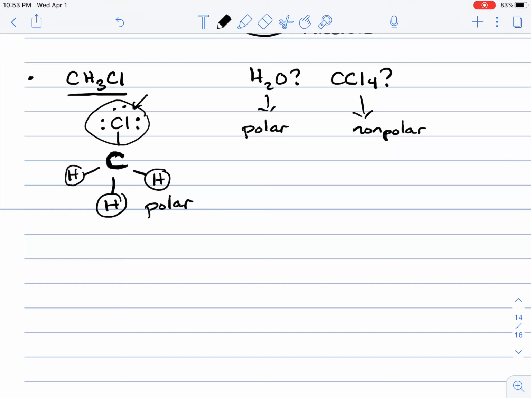And so if we wanted to create a solution that is heterogeneous or immiscible, where are we going to dissolve CH3Cl? Will we dissolve it in water or CCl4? And so if you answered CCl4, then you are correct.